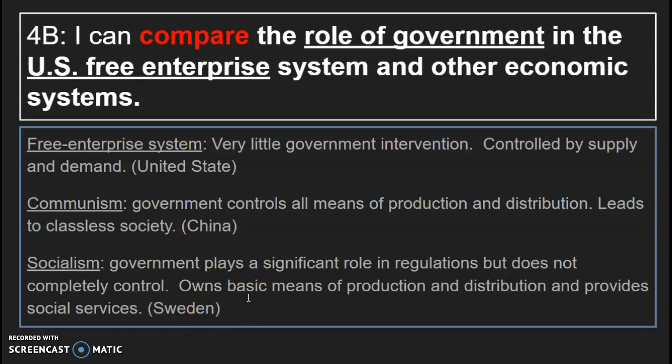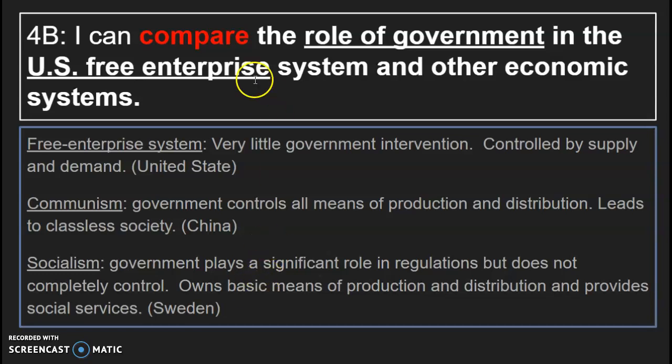So in a socialist economy, if you're in the medical field or in education, the government controls that because they want to make sure that everybody has the ability to receive medical services and education with equity. They do allow for some free enterprise, where people can produce things and sell them for a profit. It's just the social services in a socialist economy that are controlled by the government.